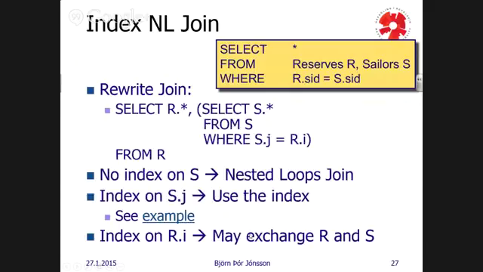Now, it turns out that this isn't used very much. It's mostly used when there's some other condition that makes the result set small, because looking up through an index is typically fairly expensive. So if you have a whole relation to join, you would basically never do this.